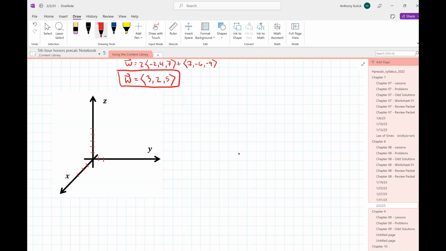To do that, from the origin, we're just going to draw a parallelogram. Everybody's okay with what we've drawn there? And that's like the point 3, 2.